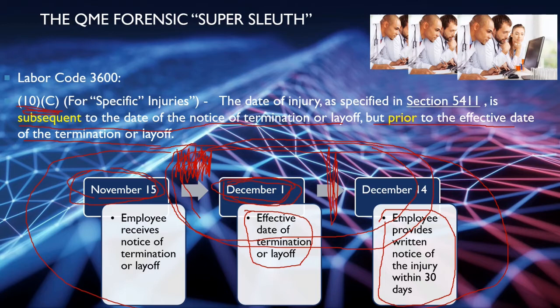So let's talk about what Labor Code 3600 has to say about the date of injury for cumulative trauma injuries, and there you're going to see where and why you're receiving so many post-employment cumulative trauma claims in the evaluations that you're getting.